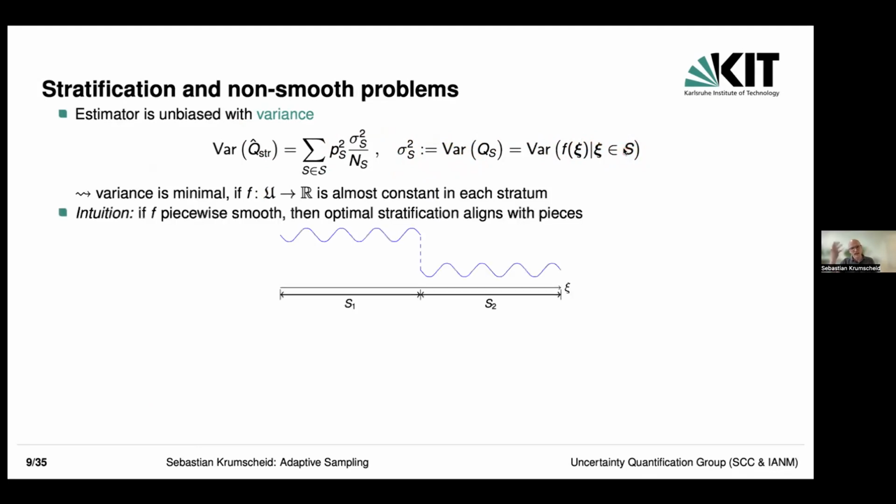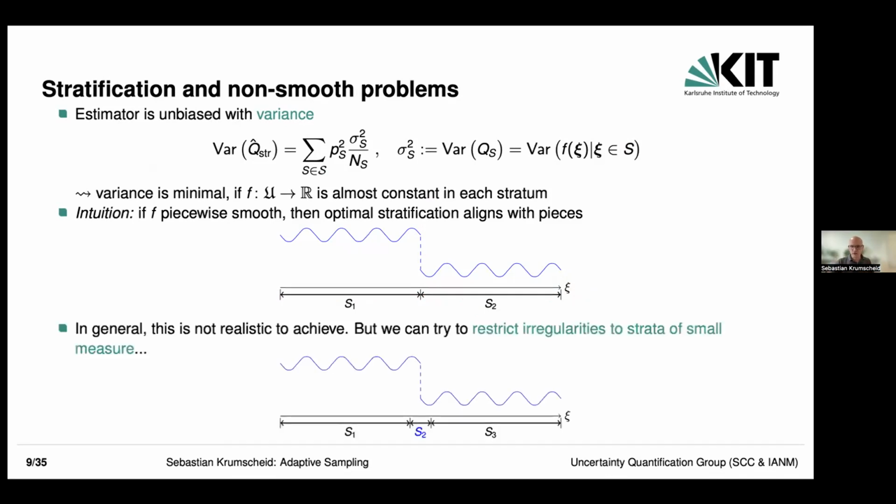If this was our function f as a function of our one-dimensional variable psi, then the optimal allocation would be to simply take this as stratum 1 and this as stratum 2, and I would get the estimator with two strata that has minimal variance. Of course, that's our intuition, but it's overly optimistic, because this would require knowing where the jump discontinuity is, which we do not.